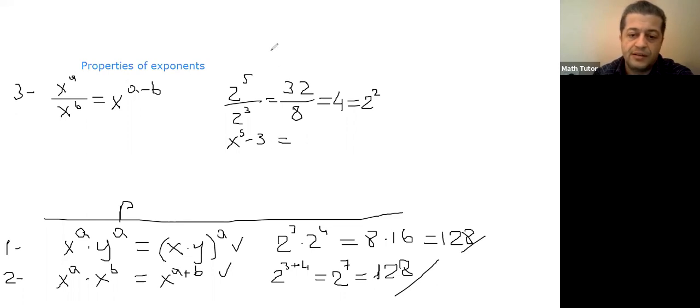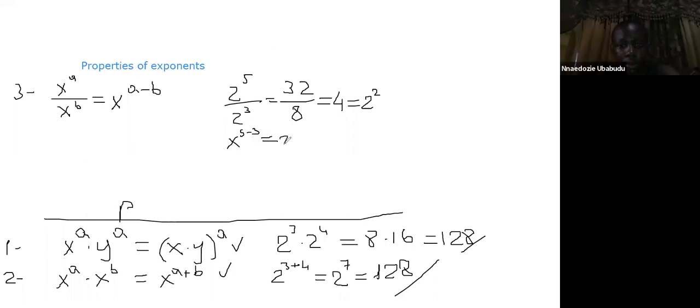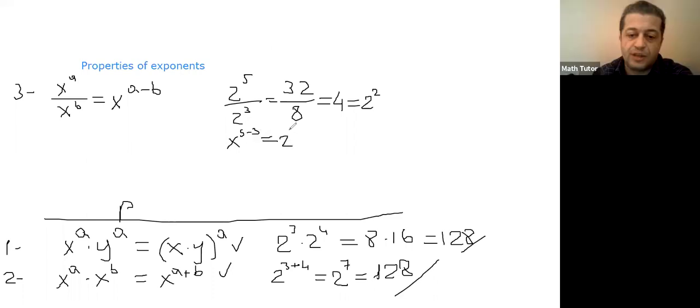I did something wrong here, because the minus should be written here. It is equal to 2 at power 5 minus 3, so it is 2 at power 2. The result is 4 again in both cases.